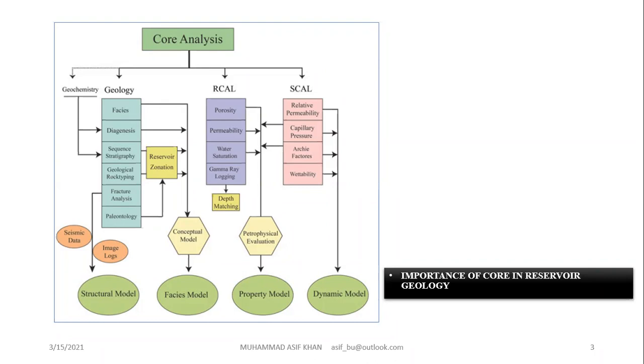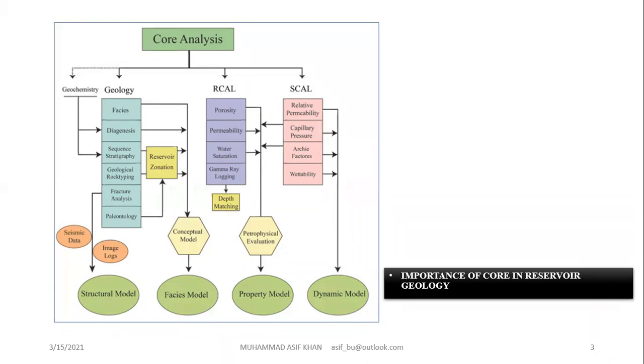If you have the values from core, then they would be considered the best petrophysical properties and the most authentic ones. If you are getting those values from different equations, then they are not as reliable as the values we get from the core measurements. Okay. Then some special core analysis.